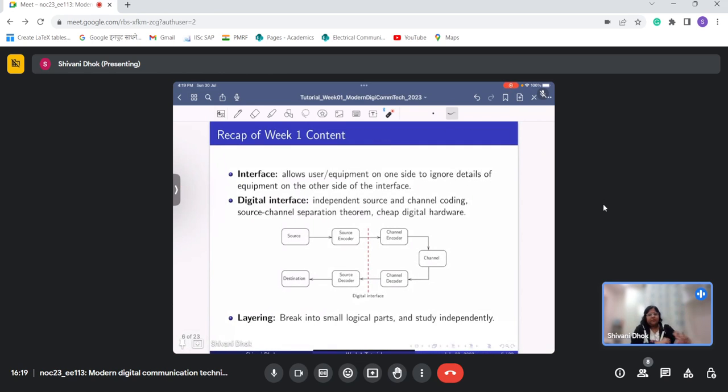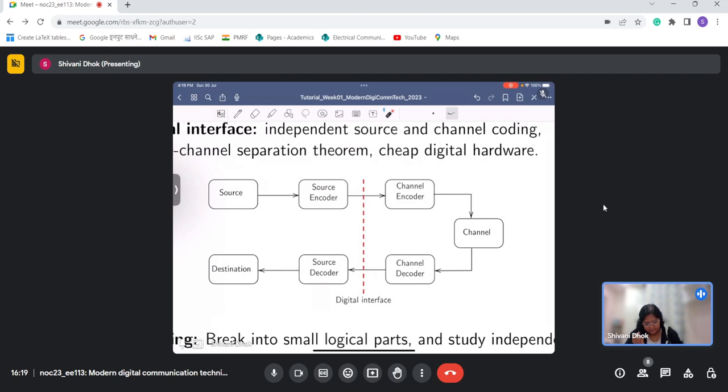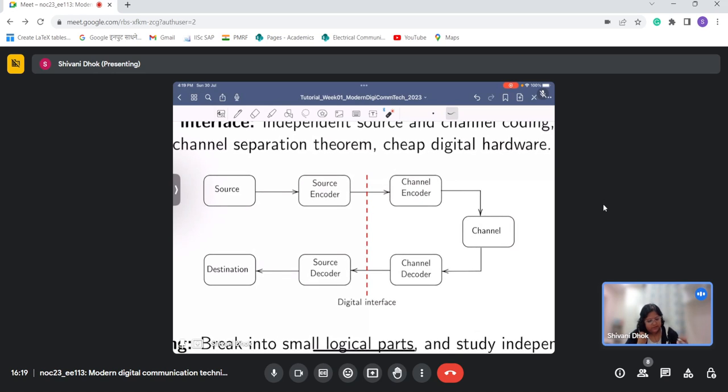Another thing that was introduced was the interface. What this interface does is, it allows one user or equipment on one side of that interface to completely ignore the details of whatever is present on the other side. For example, if you look at this diagram here, this is a simple digital communication block diagram. We have a source, then we have a source encoder. This source will generate some waveform.